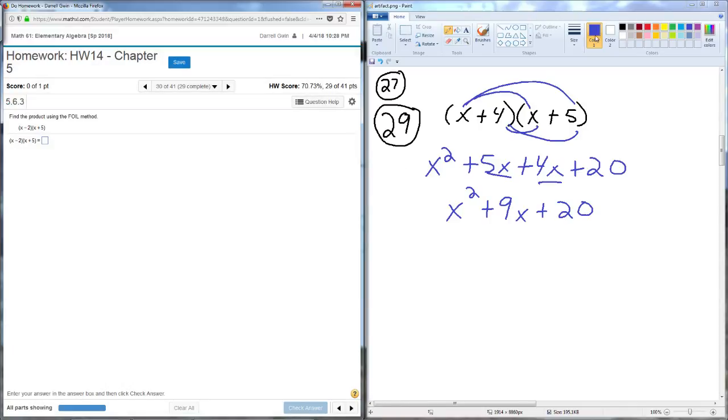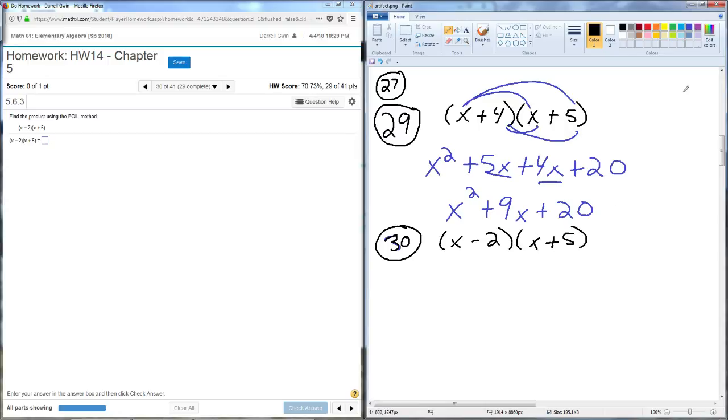Alright, 30. Another FOIL. I think all these are going to be FOIL from now on, because we're in the FOIL part of this homework. Lots of FOIL. So we got x minus 2, x plus 5. X times x is x squared, x times 5 is 5x, negative 2 times x is negative 2x, and negative 2 times 5 is negative 10.